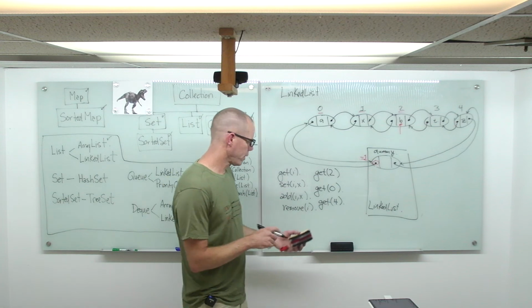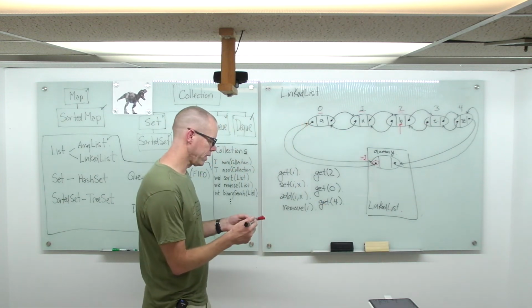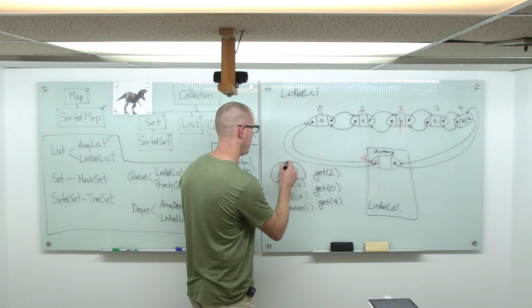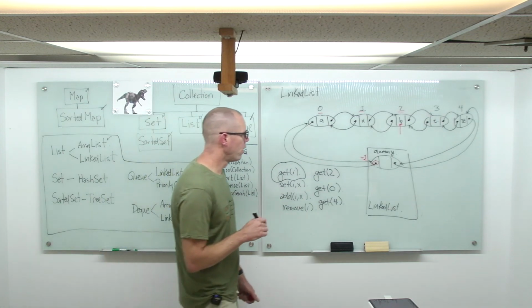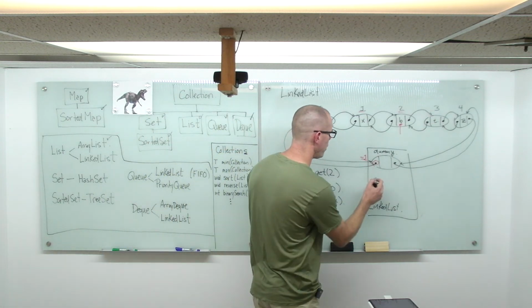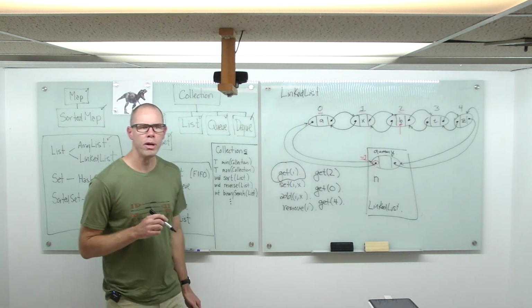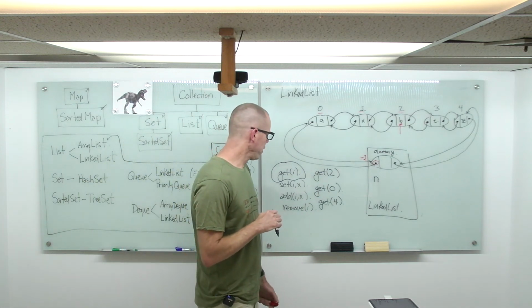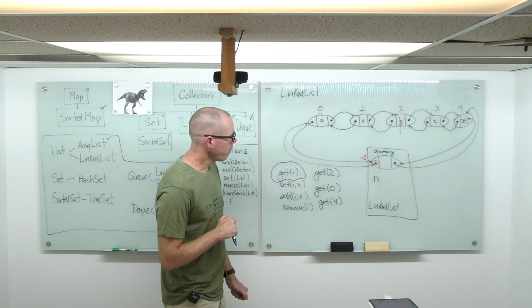Okay, so what does that mean about the running time of this getI method? Well, in addition to the dummy node, the list should remember the value of n, how many elements are stored in it. And then it can look at I and n.